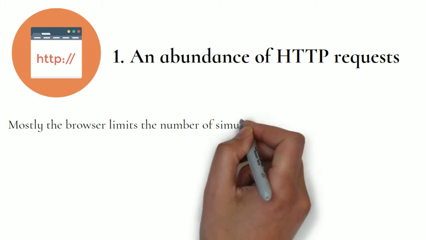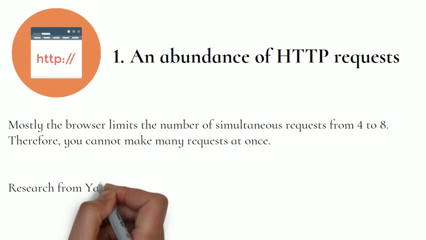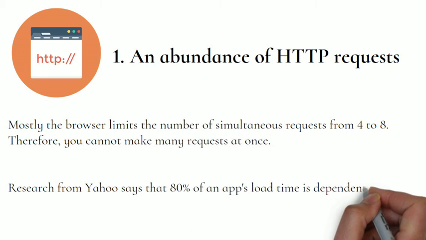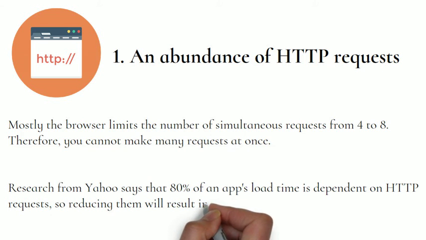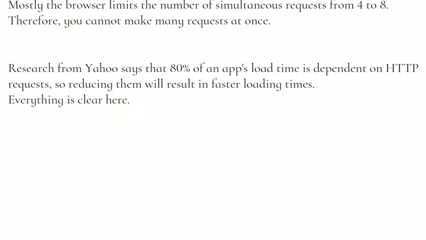You can see how your application performs network requests on the Network tab in the Developer tools. Mostly the browser limits the number of simultaneous requests to from 4 to 8. Therefore, you cannot make many requests at once. Research from Yahoo says that 80% of apps' load time is dependent on HTTP requests, so reducing them will result in faster load times. Everything is clear here.